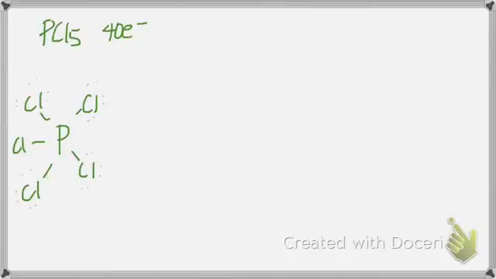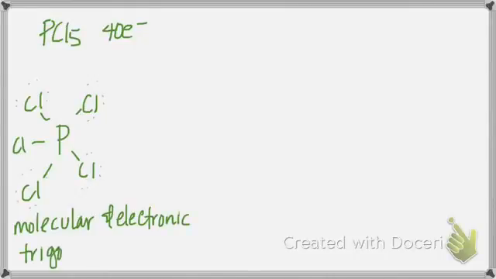Okay, and because there are no lone pairs on this central atom, it's going to have the same molecular and electronic geometries. So molecular and electronic geometries are going to be trigonal bipyramidal. Let me spell that correctly. Okay, so that's that one.